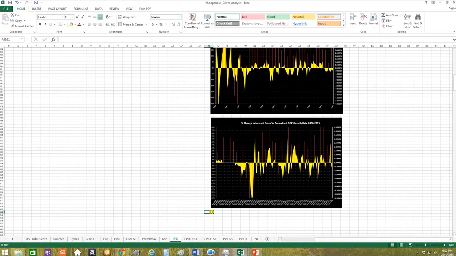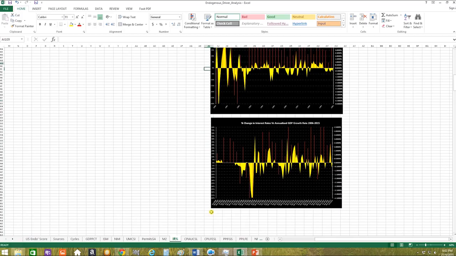Now, as already mentioned, in your spare time, you can spend much further time analyzing these charts and the data behind it. All the data comes from the left-hand side of the spreadsheet.